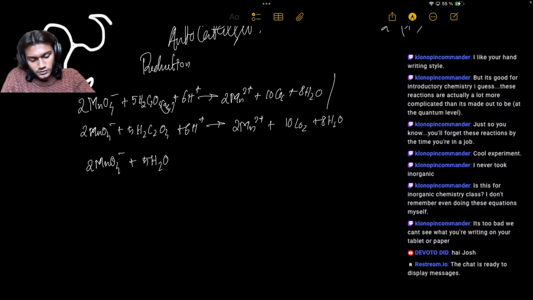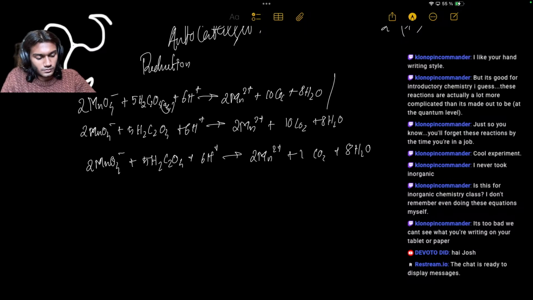H2C2O4 plus 6H plus gives 2Mn2 plus CO2 plus 8H2O. 5H2C2O4. So CO2 plus H2O, CO2 plus H2O. Those are one of the main products.